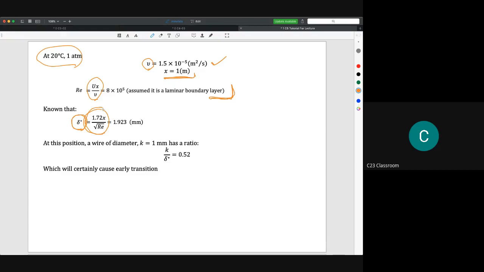Then we substitute the value of the Reynolds number. We could get delta star here equal to 1.923. At this position, we have a wire of diameter k equal to 1 millimeter. Then we calculate the ratio k over delta star, which is equal to 0.52.